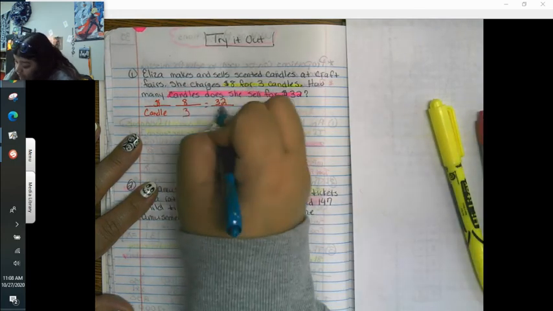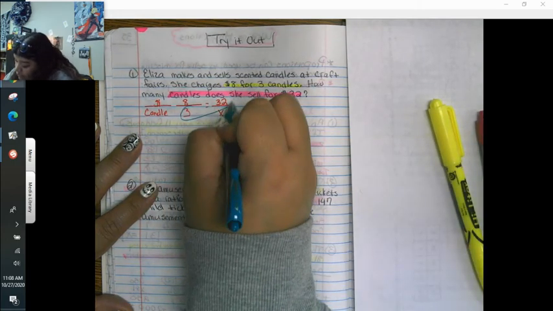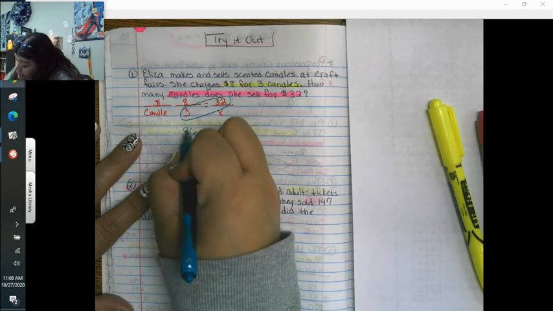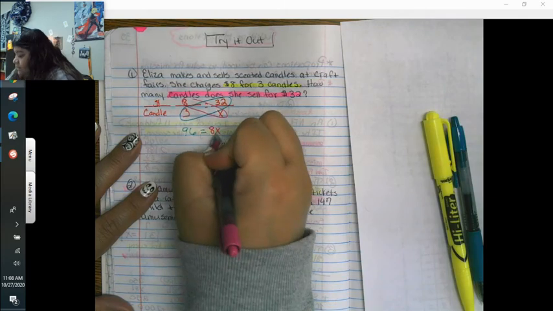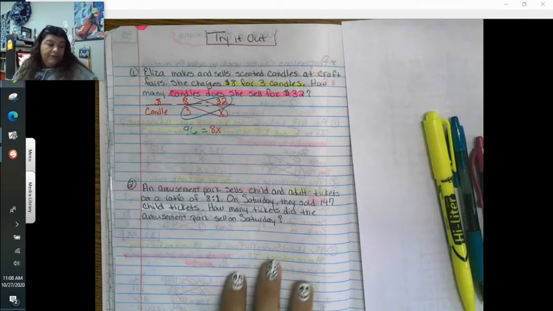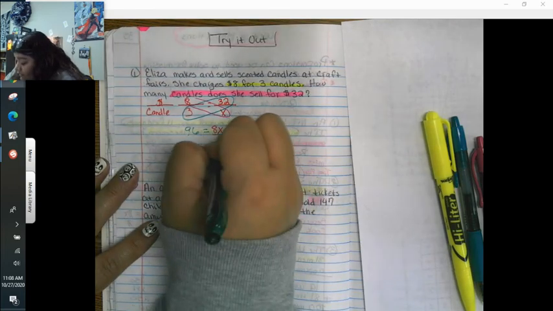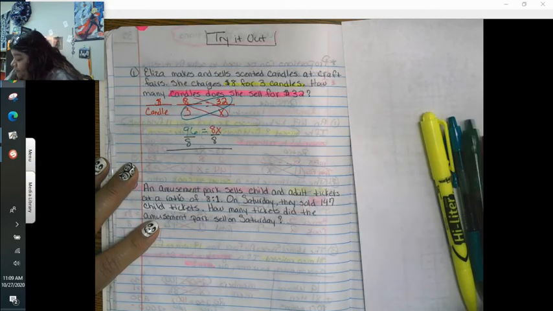You could have done the shortcut here if you saw it. If not, I'm gonna do 3 times 32 is 96. And then we go the other way. 8 times x is 8x, okay? Then from there, use a different color pen. You should have divided by 8 on both sides.